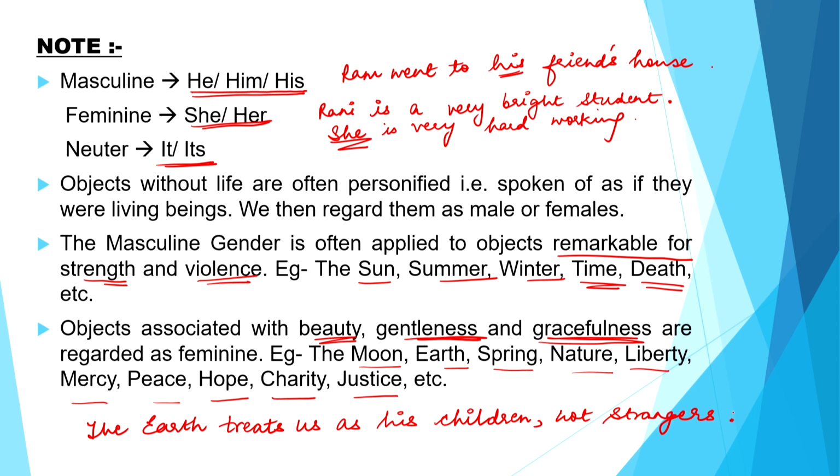Here is a sentence: the earth treats us as his children, not strangers. Find out if there is any grammatical error in the sentence given below. Can anyone spot the error in this sentence?